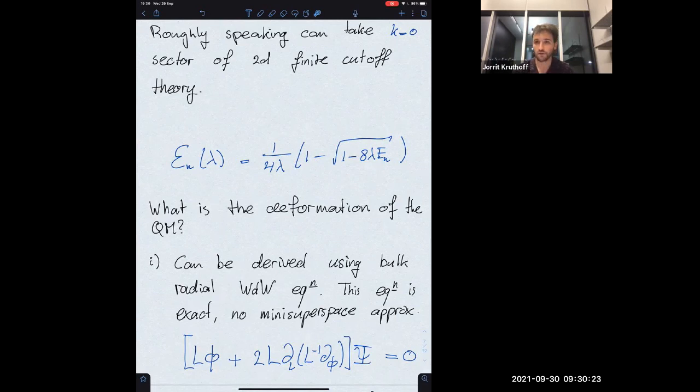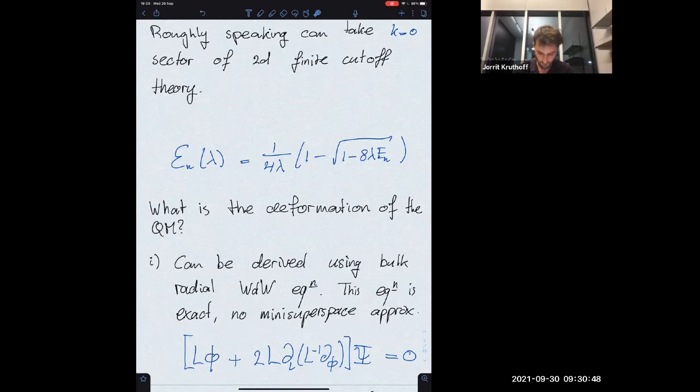The radial constraints, or the radial Wheeler-DeWitt constraint, you can write that down exactly in this JT gravity, and it takes this form. Of course, there's always in this Wheeler-DeWitt business the problem of operator ordering.